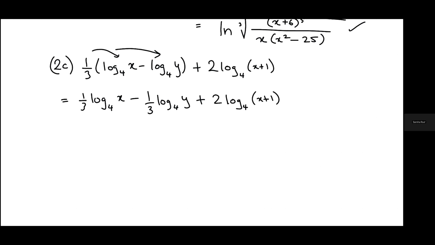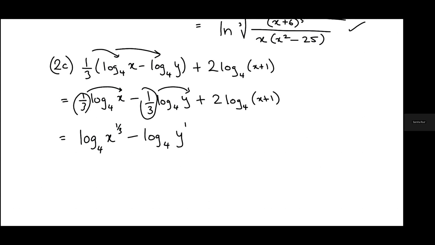Then we can move these to become the exponents. So we get log 4 of x to the third minus log 4 of y to the third plus 2 log 4x plus 1. Now let's move terms around.